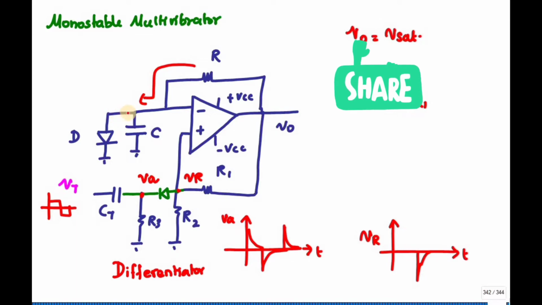But the capacitor voltage will not go more than 0.7 volt, because if it goes more than 0.7 volt, the diode will become a short circuit, no? So it will not go more than about 0.7 volt.